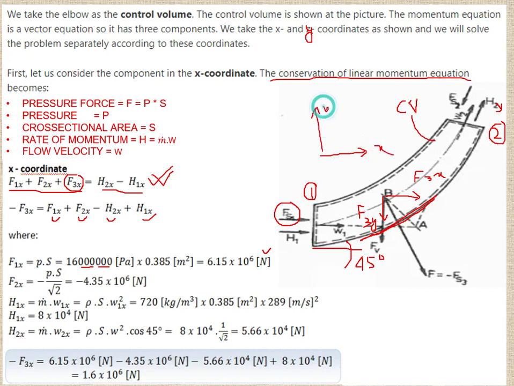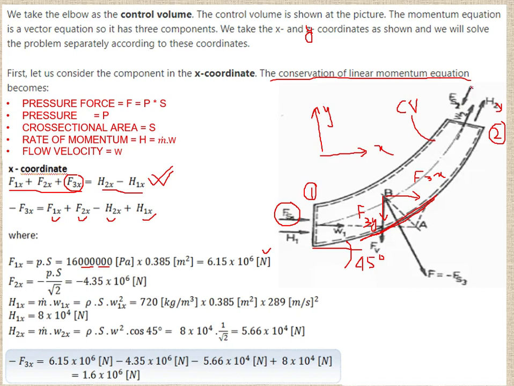So what are the forces acting in x direction? Fs, that F1x we have calculated, and there is another component of Fs2. This is section 2. At section 2, Fs is the surface force due to pressure.